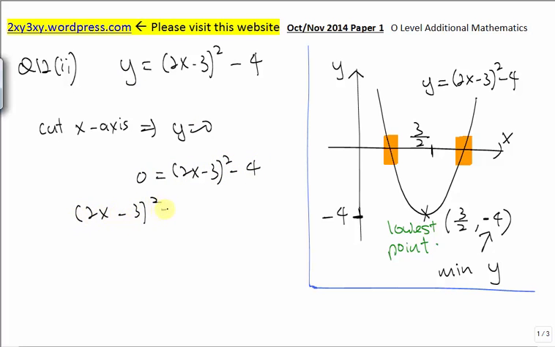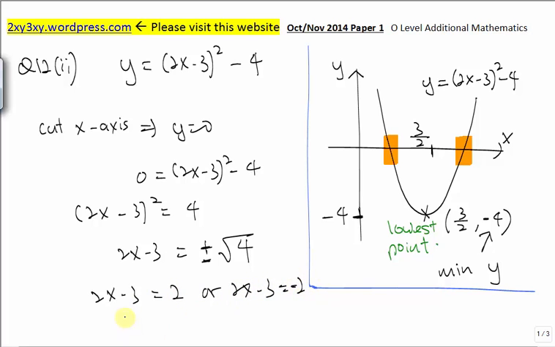To solve the equation, I need to bring the square to this side and take the square root. Don't forget, for a square root, there will be a positive and negative value. So 2x minus 3 will be a positive 2, or 2x minus 3 will be a negative 2. So x will be 5 over 2, or x will be equal to half.